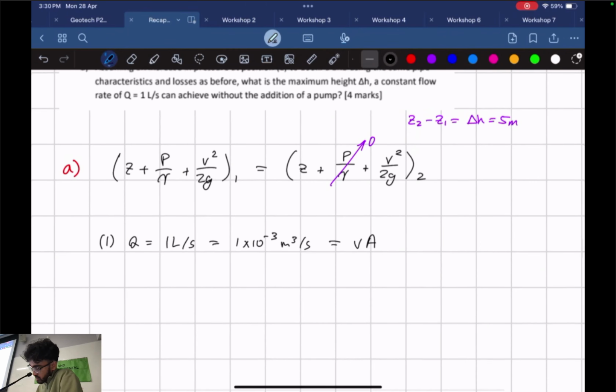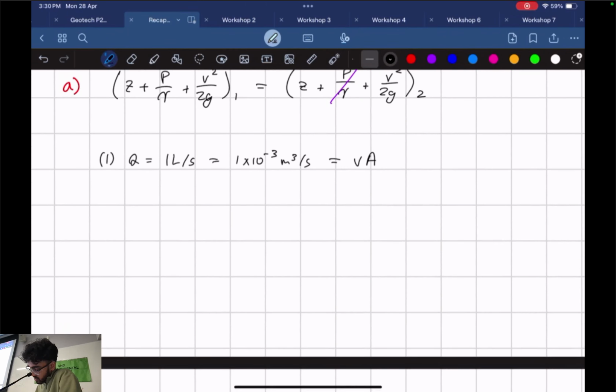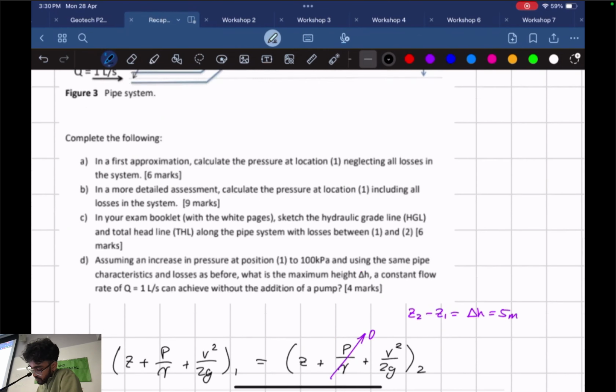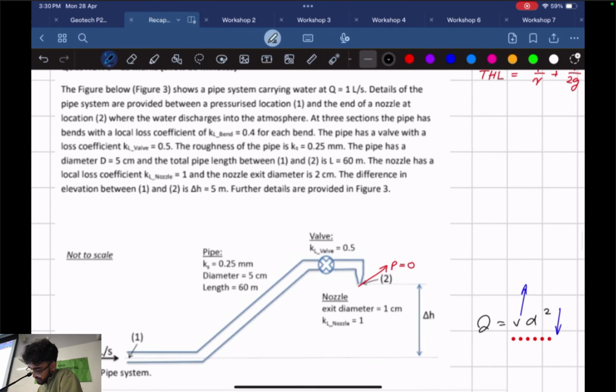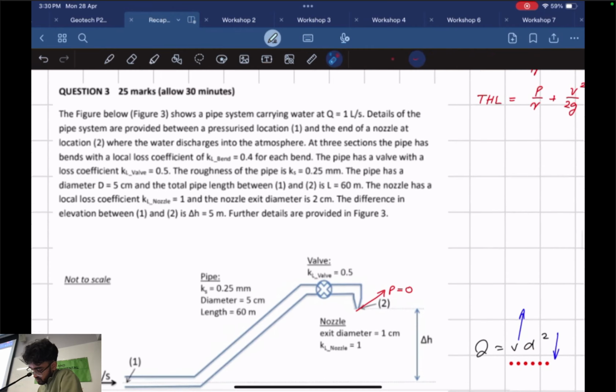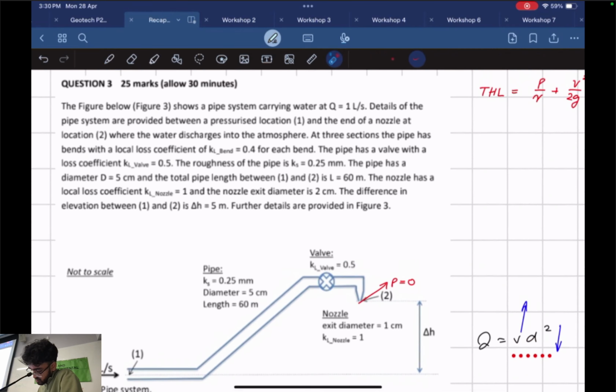Right? Okay, let's try to find velocity now. So velocity times pi over 4 d squared. Velocity times pi on 4, our diameter of the pipe at point 1. Let's say 5 centimeters. Yep, exactly.